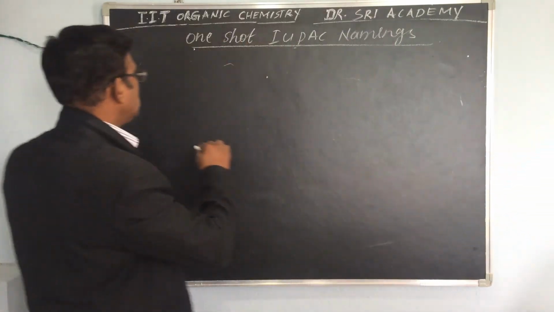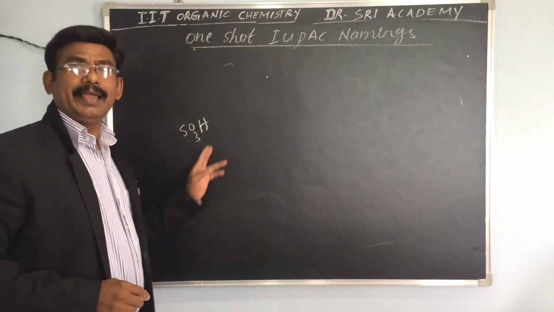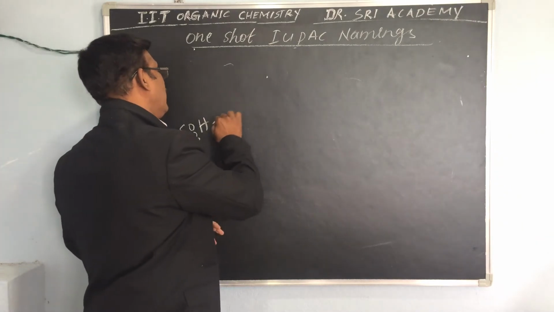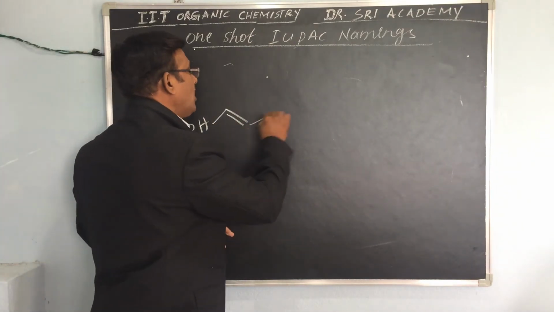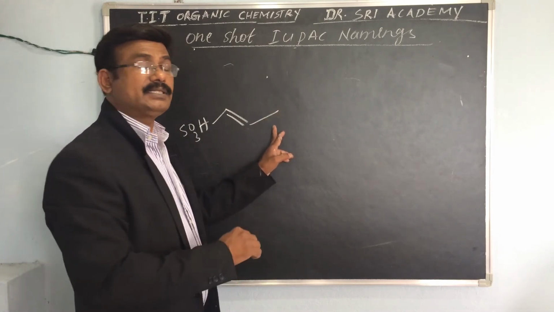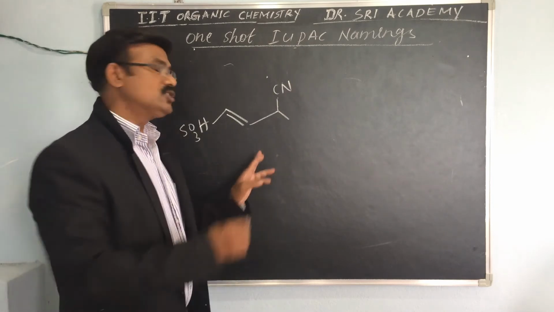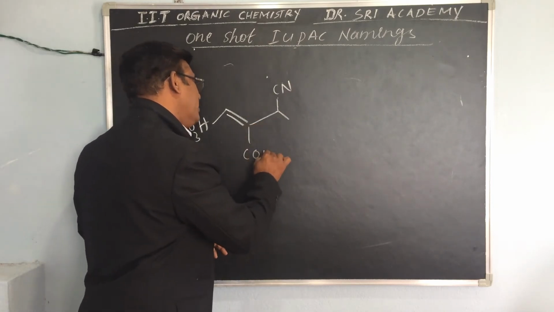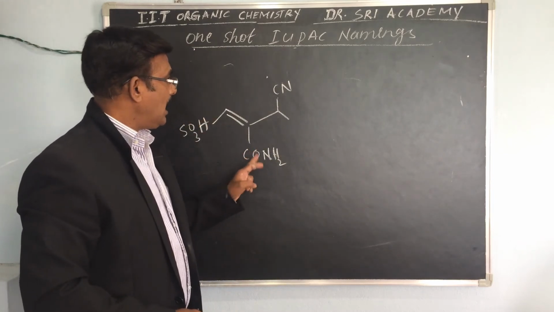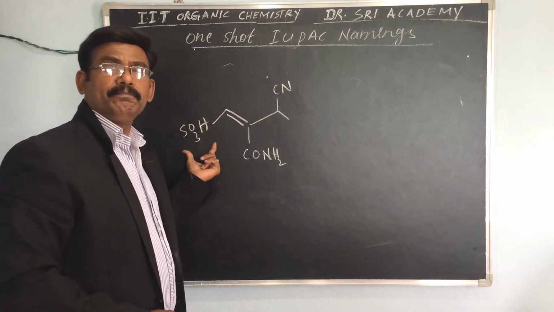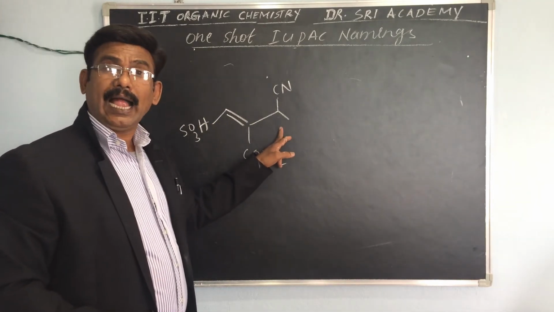First, SO3H, containing the double bond, and one more, the nitrile functional group. We will take the amide group, CONH2, and many functional groups.